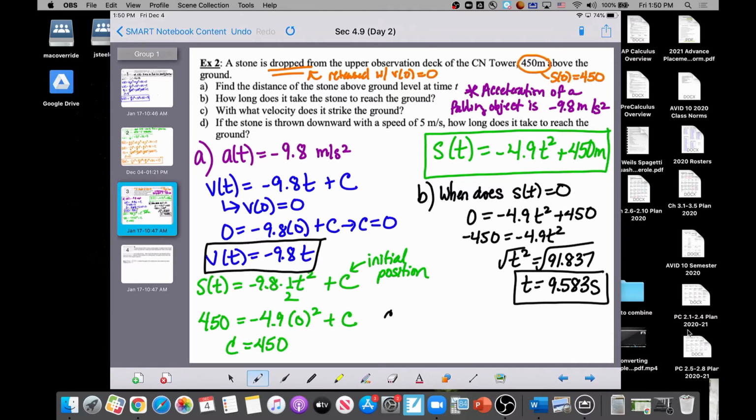For part C, we just need to find v of 9.583, which is equal to negative 9.8 times 9.583. And when you plug that into your calculator, you get negative 93.915 meters per second.